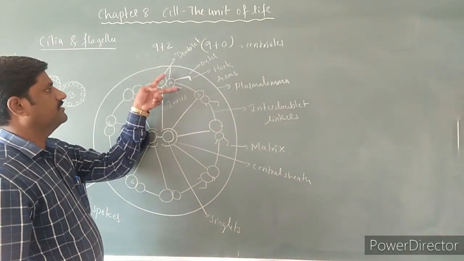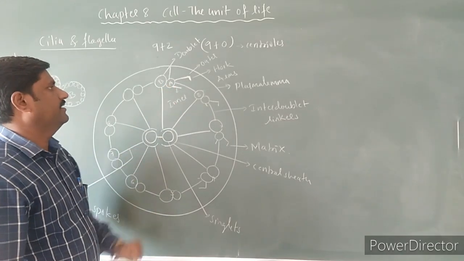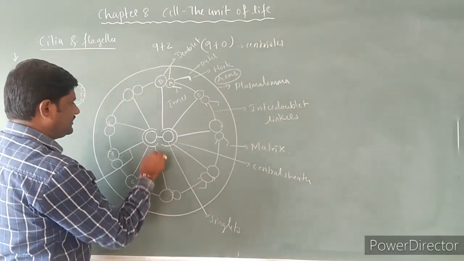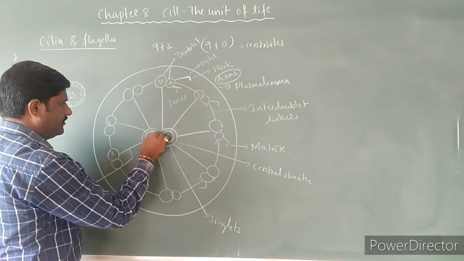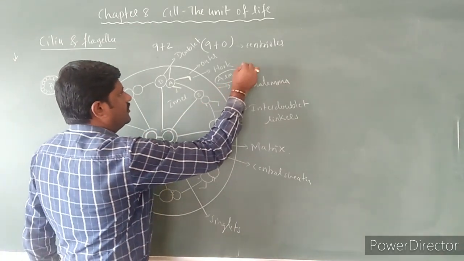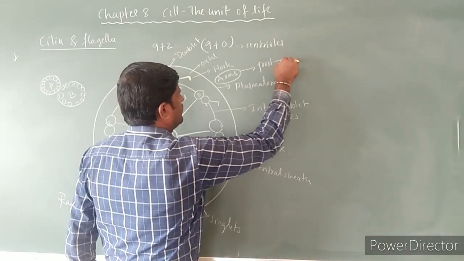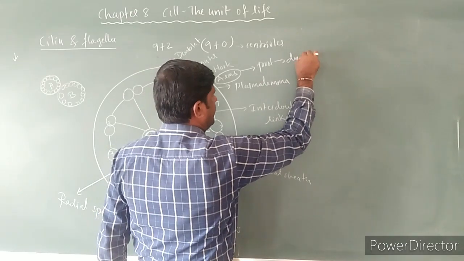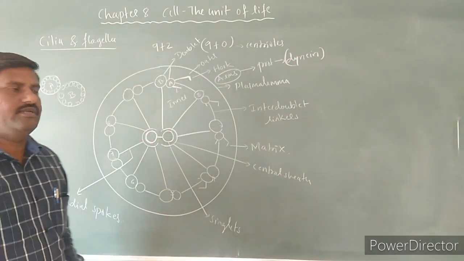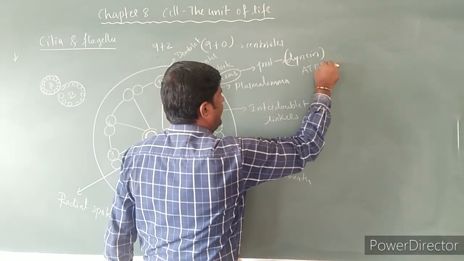A pair of arms extends from microtubule A. These arms as well as the central fibrils are made up of a protein called dynein, with one enzyme called ATPase.